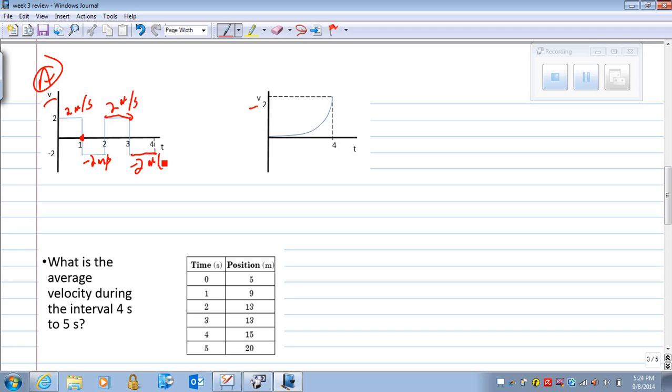So therefore, this object would be right back to where it started from. So the conclusion here is that this object was just going back and forth.